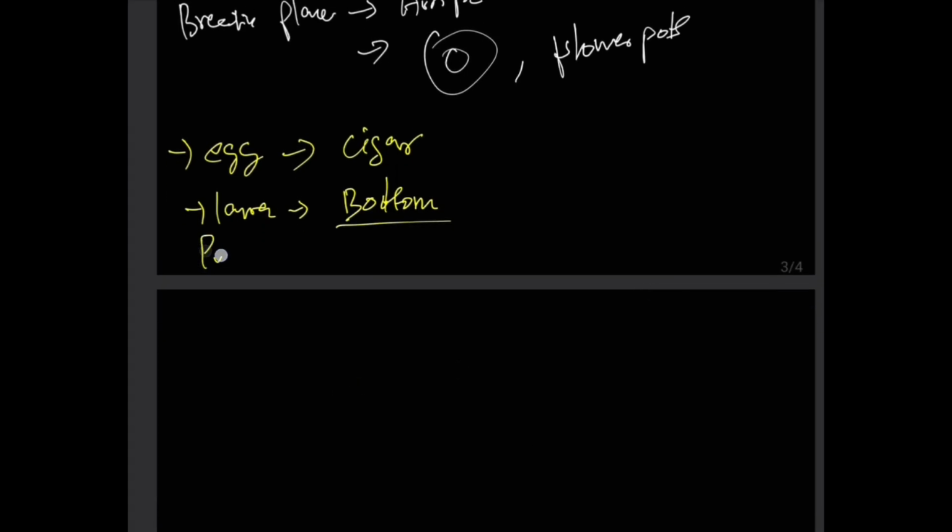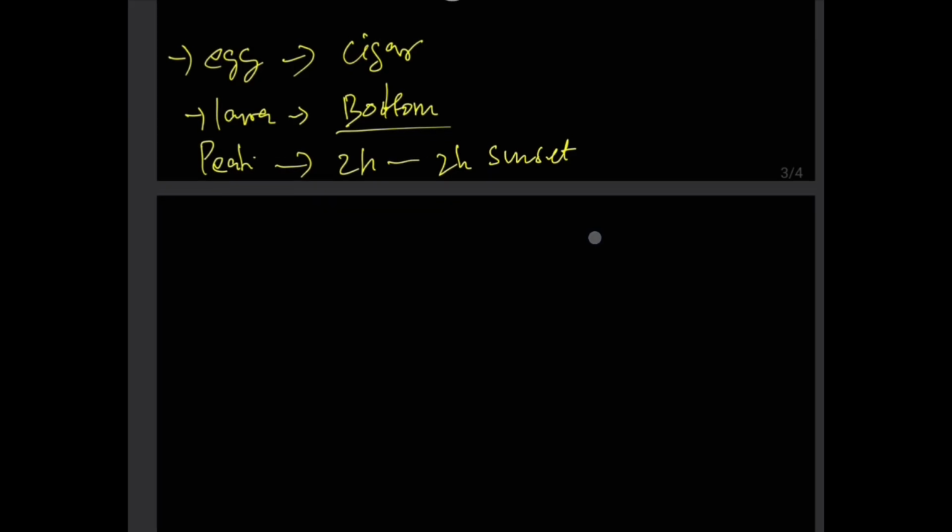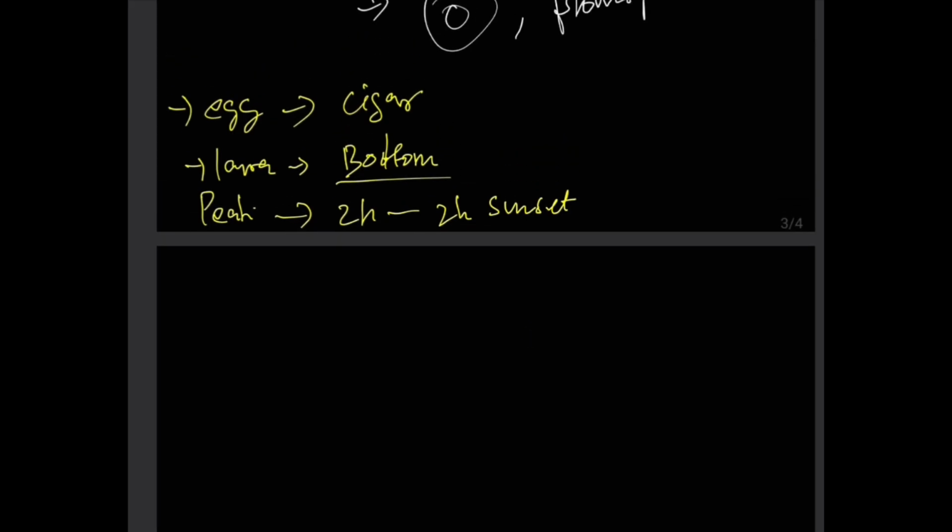The peak biting time will be 2 hours before and 2 hours after sunset. Habitat will be inside the house, and the bite will be painful. The resting position will be parallel to the ground.